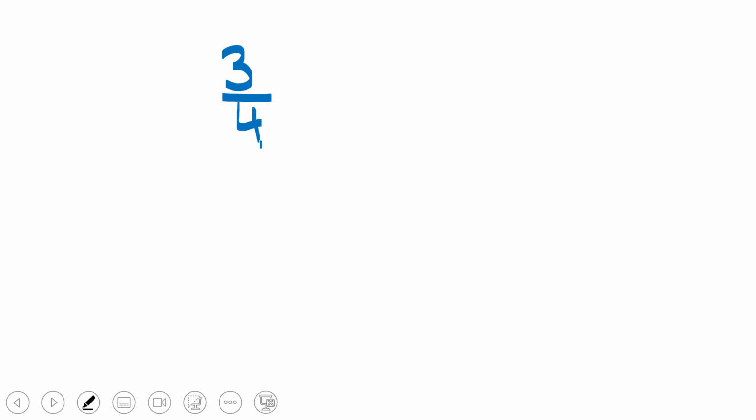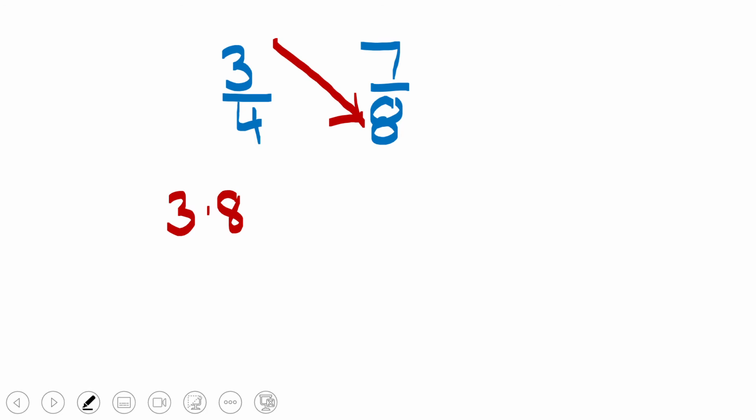Okay. If we are asked to compare by cross multiplication, and we are given 3/4 and we are asked to compare to 7/8, we start by going top to bottom and multiply. So on this side we are going to have 3 times 8 when we start in this process. On the other side we will have 4 times 7. We're going to be comparing those.